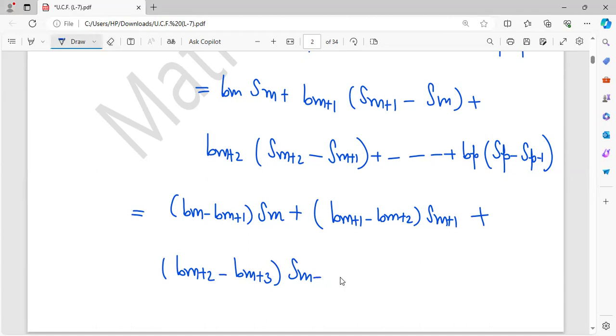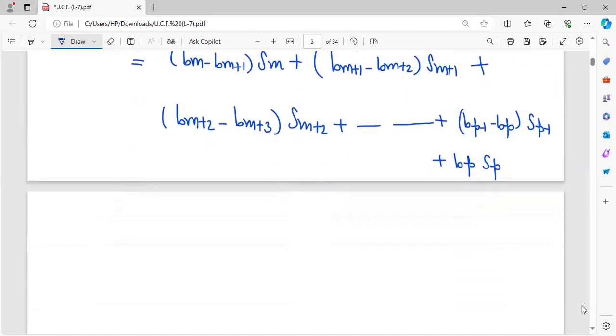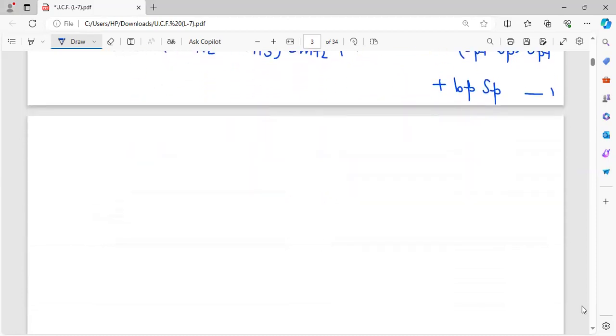And so on. The second last will be Bp minus 1 minus Bp times Sp minus 1, and the last one will be Bp Sp. Let's call this equation number 1.